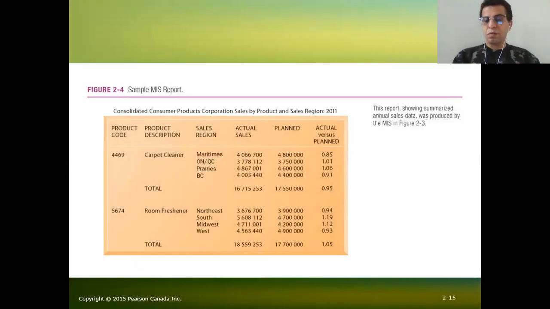Sample of an MIS report, for example: a manager can look at the product code, the product description, the sales region, in which regions it was sold, and actual sales versus the planned or potential sales.